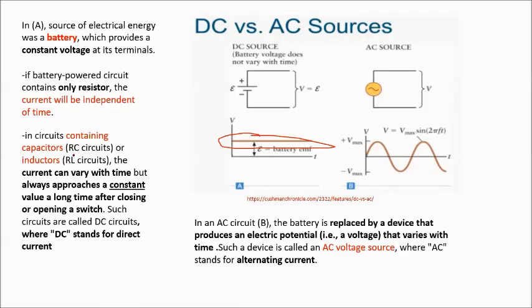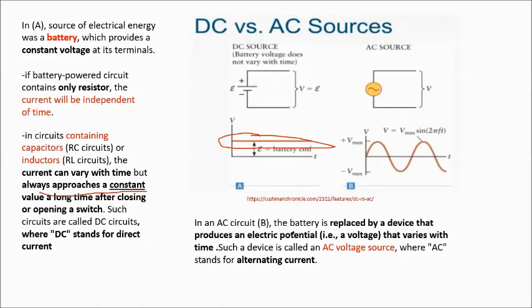In a circuit containing a capacitor, inductor, or RC/RL circuits, the current can vary with time but always approaches a constant value a long time after closing or opening a switch. So this kind of circuit is called a DC circuit.